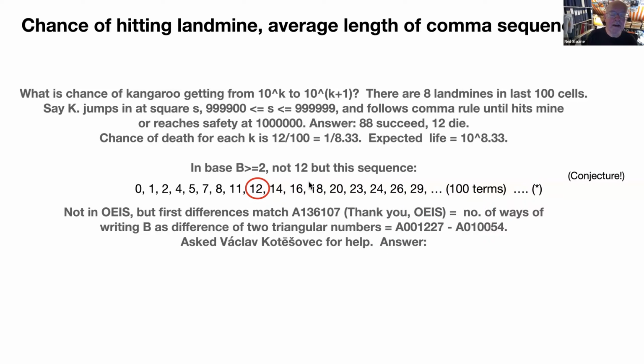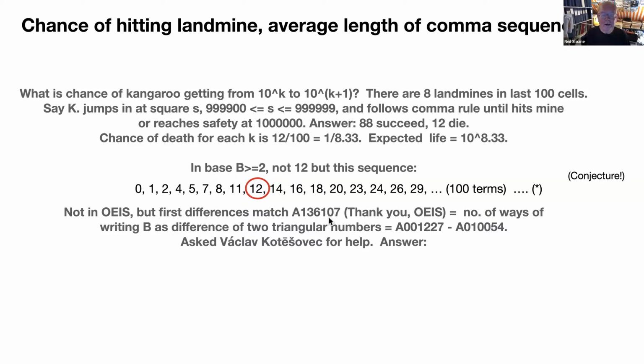But the moral of that is, in base B, the chance of the kangaroo dying is the nth term of this sequence over B squared. And the sequence is, the differences match A136107. So the partial sums of that are the generalization of 12 for base 10. And I wanted to know how that grows asymptotically.